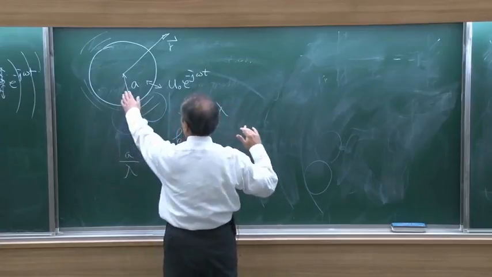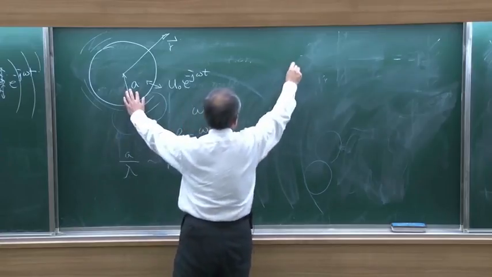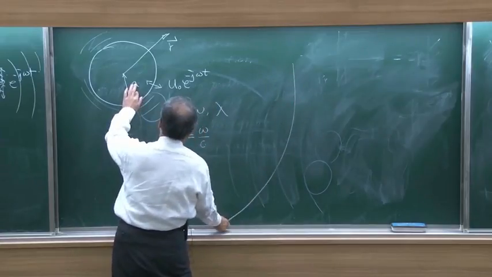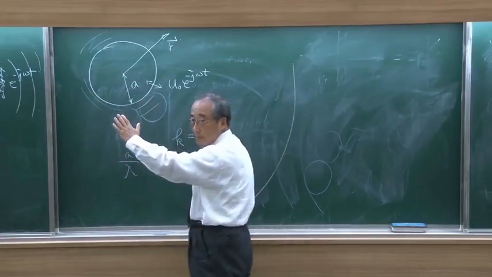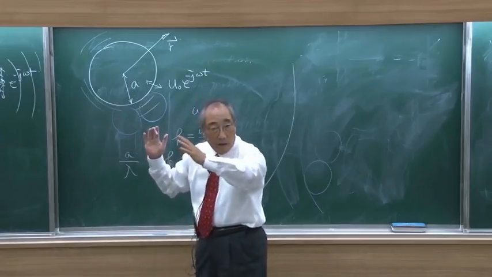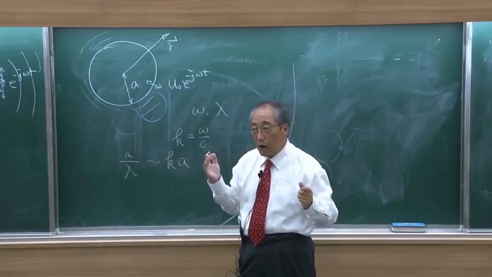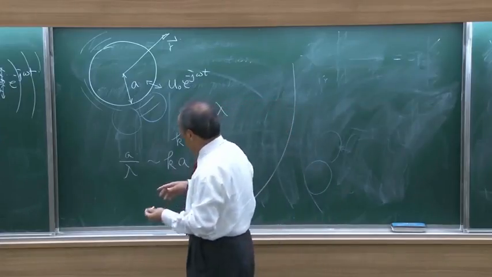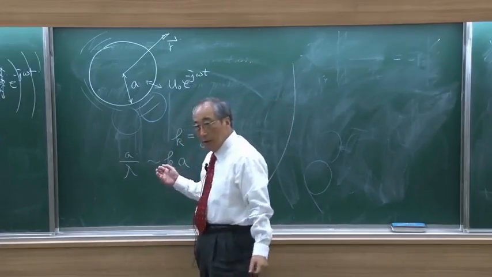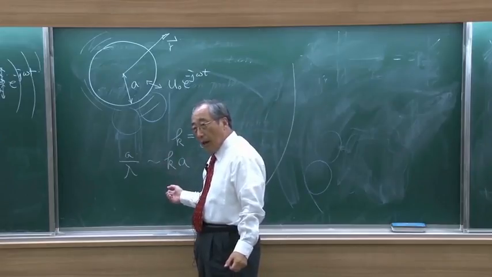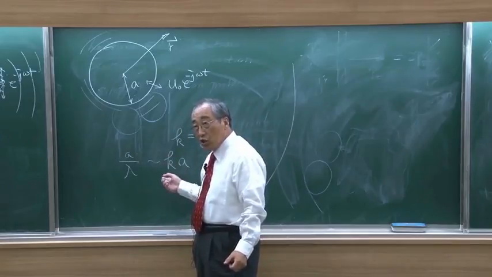In this case, the radiator size is a. For example, the wavelength is this amount. The characteristics of radiating sound would be quite different compared with the case when Ka is large.